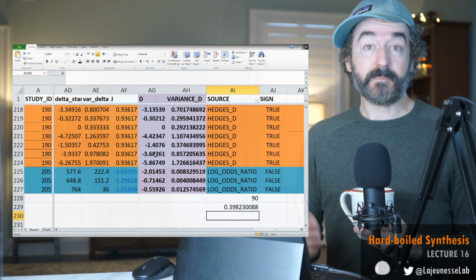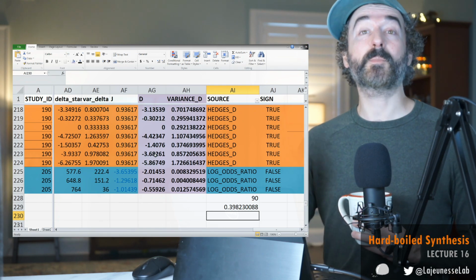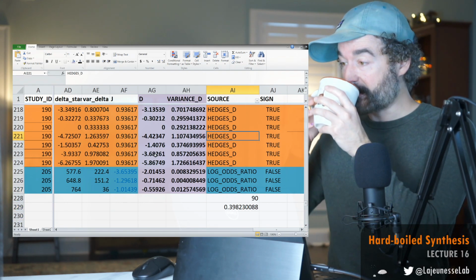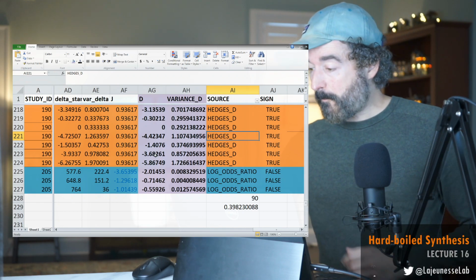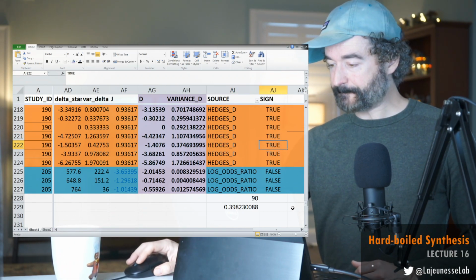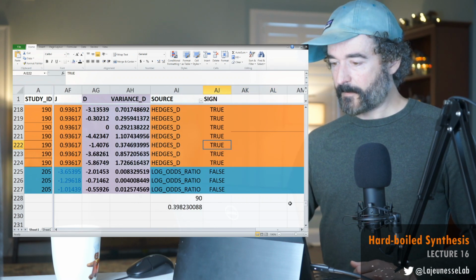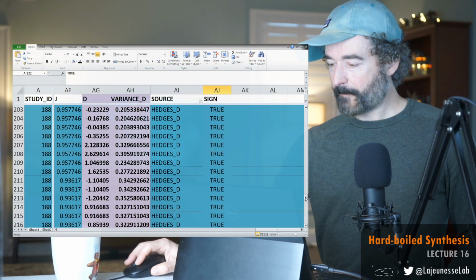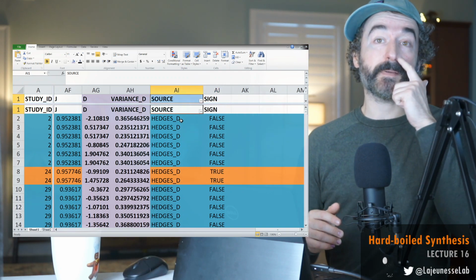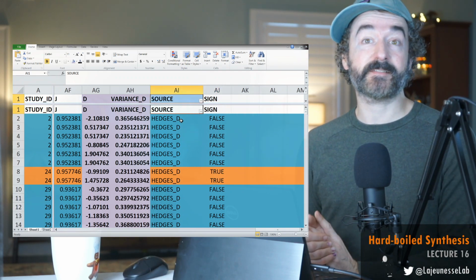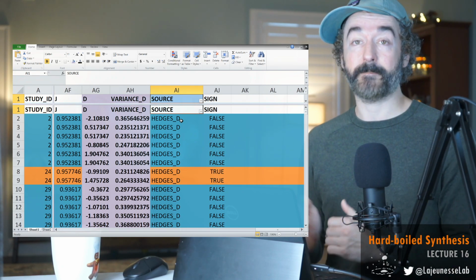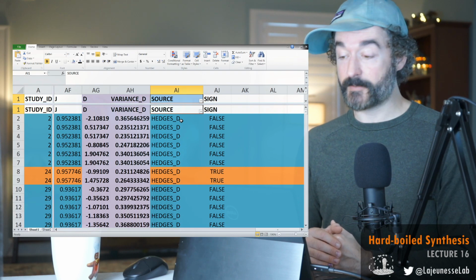So overall, two more things before I end today's lecture. I added some columns here that you didn't see last time. I already added a source column, which will allow me to do my sensitivity comparison between Hedge's D and the Hedge's D converted from odds ratios.